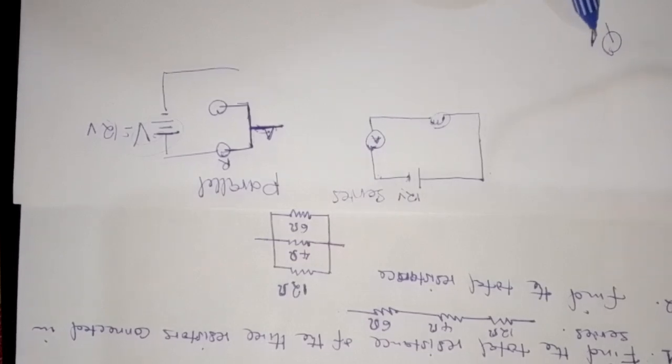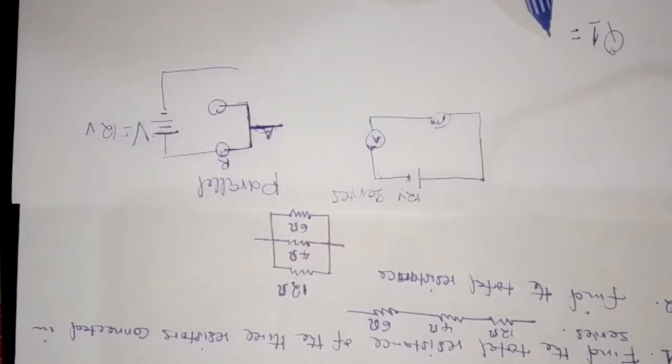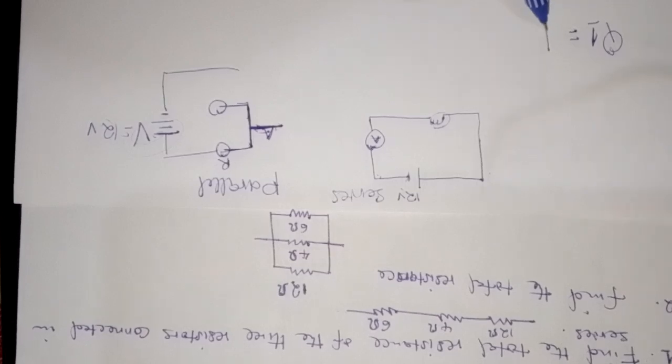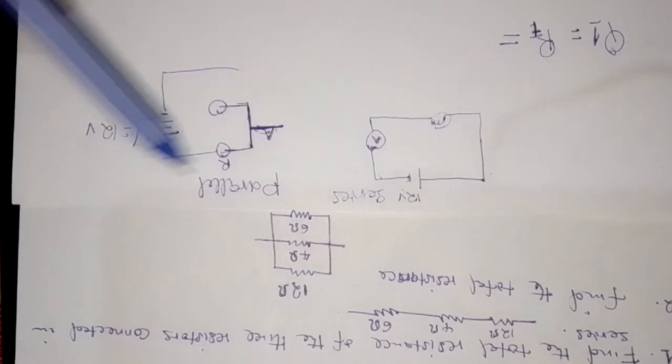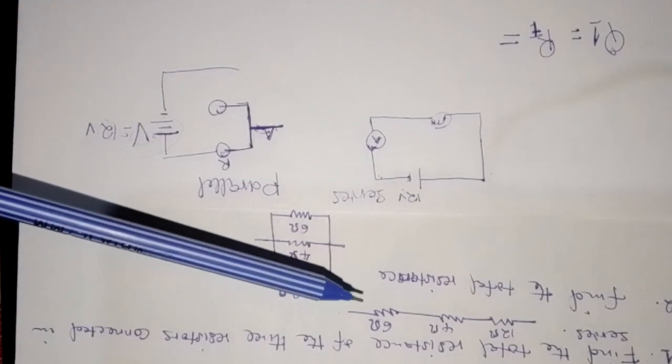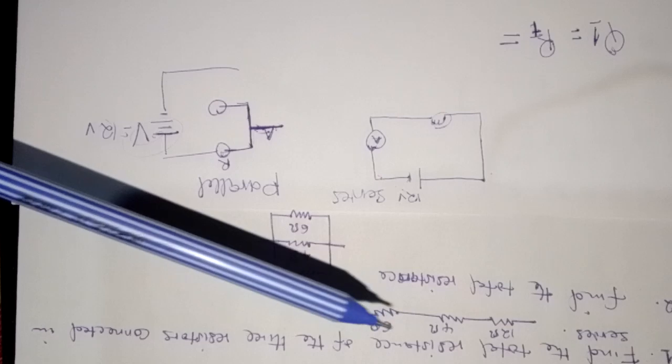Question 1. We can say total resistance, T, is equal to just adding the resistances that we have here, 12, 4, and 6.